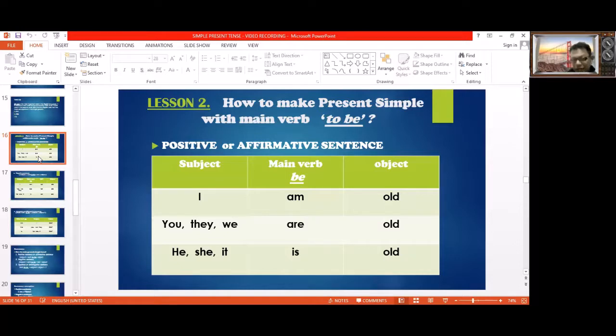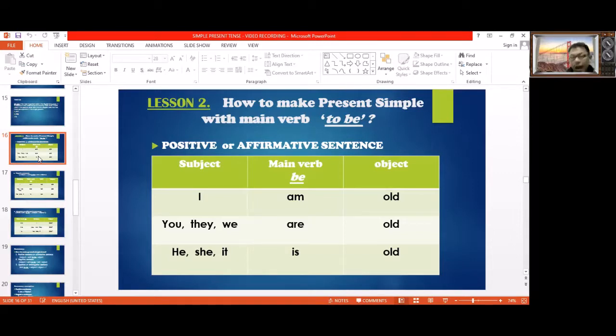You, they, we will be group 1, only for verb be. Remember that, only for verb be. Group 1 again: you, they, we. Group 2: he, she, it. And group 3 will be just I, or maybe there's no need to have a group, you can just leave it that way. Okay, so just remember this.